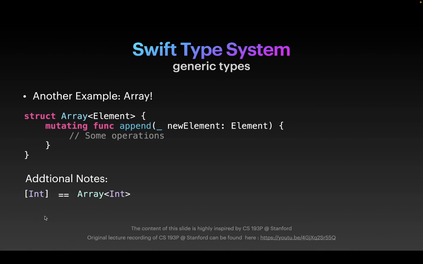It's syntactic sugar, so during compilation this is actually swapped with this thing, which is the real definition or the real type for your array. You can also write Array, angle bracket, Int, angle bracket. When you write your code, it's exactly the same thing.